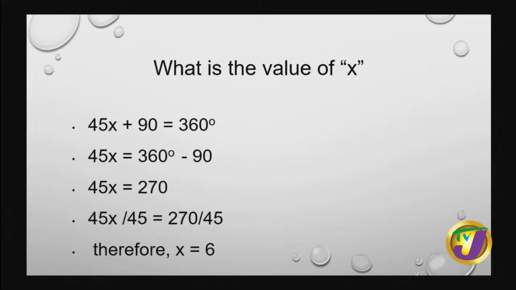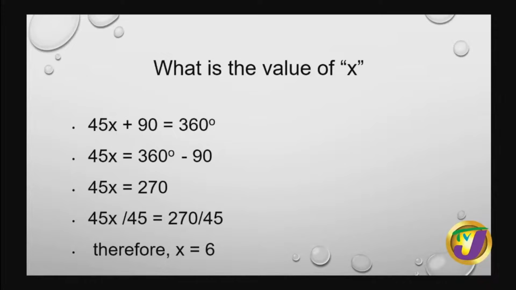That's not what we want. We want to figure out what is the value for x. So x is being multiplied by 45. The opposite of multiplication is division. So we'll divide both sides by 45 to get the value for x. So let's look. 45x divided by 45 gives us x. 270 divided by 45 gives us 6.